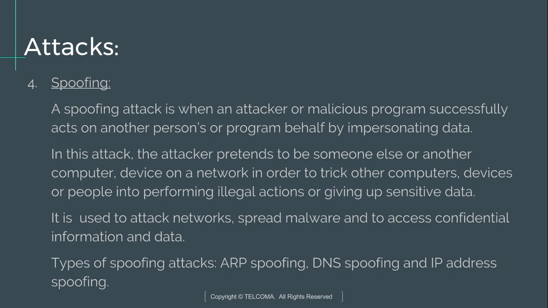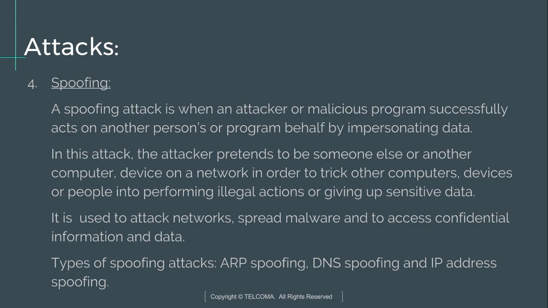This is a malicious attack which sends false ARP messages over the local area network. This makes a link between the attacker's MAC address and the IP address of the targeted computer or server over the network. The next is DNS spoofing.